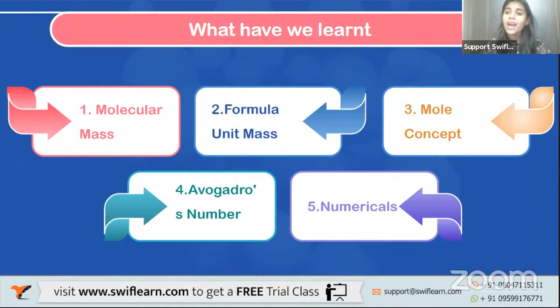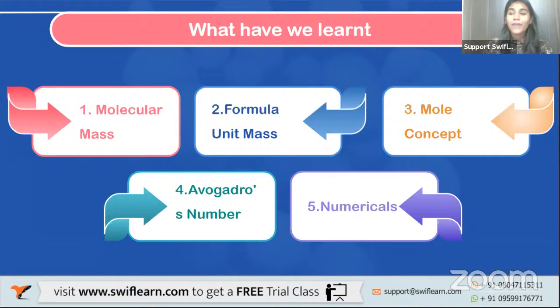Tell me how many particles or how many ions or how many atoms or molecules are present in one Avogadro number, or tell me what is Avogadro number? What is the value? It is 6.022 into 10 raised to 23. It can be atoms, it can be molecules, it can be ions, it can be particles.